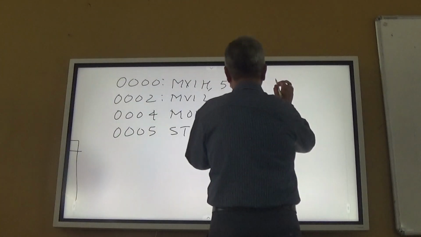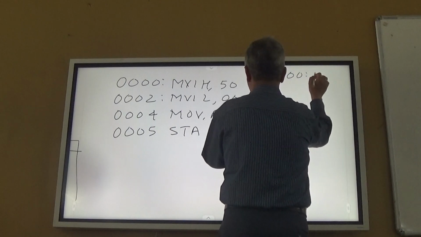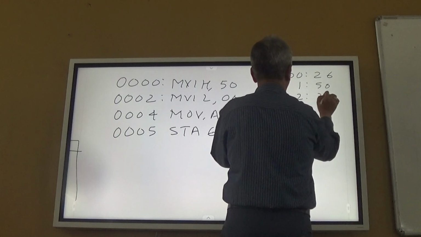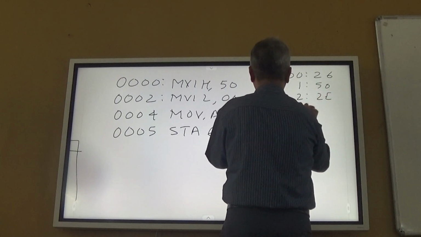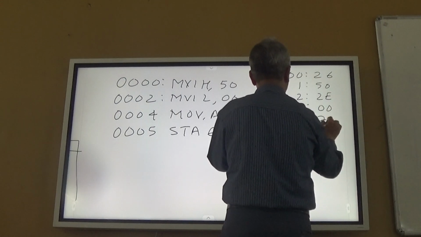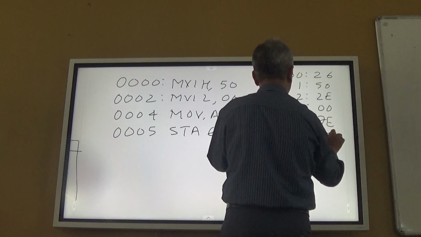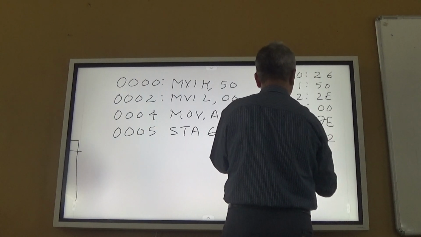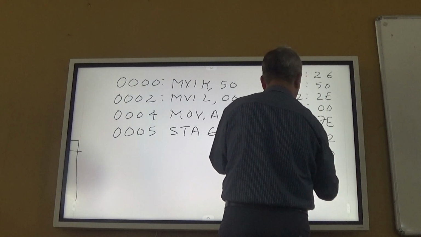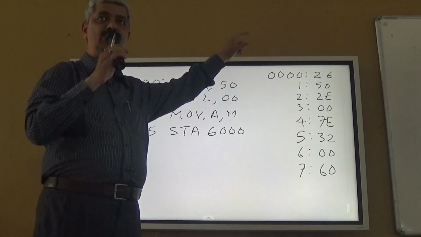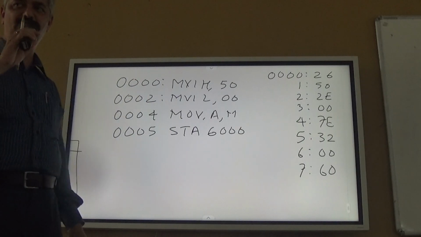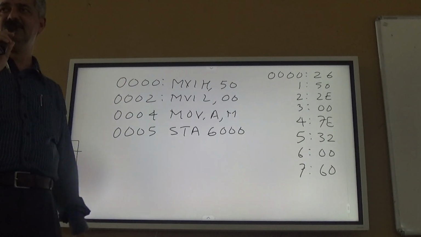How would it look? At 0000, the opcode is 26. At 1 is 50. At 2 the opcode is 2E. At 3 it is 00. At 4 the opcode is 7E. At 5 it is STA, at 6 it is 00, at 7 it is 60. So now you have to write the instruction sequence, the machine cycle sequence for this entire program. Start writing now.